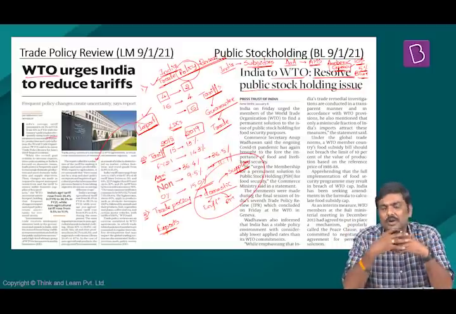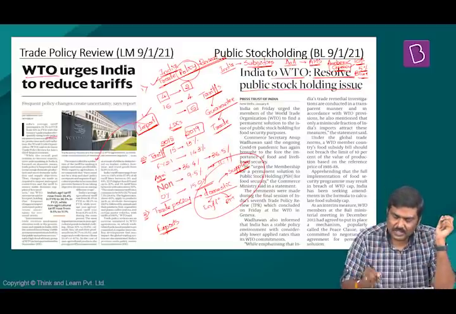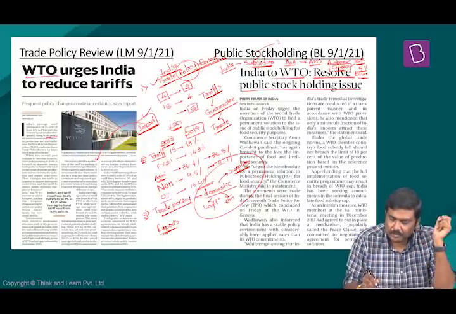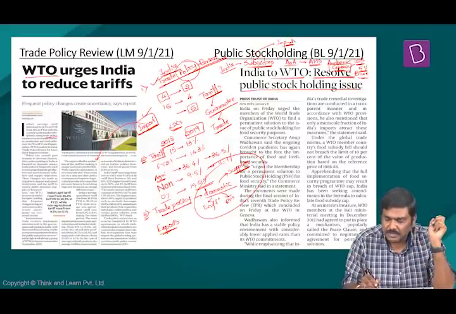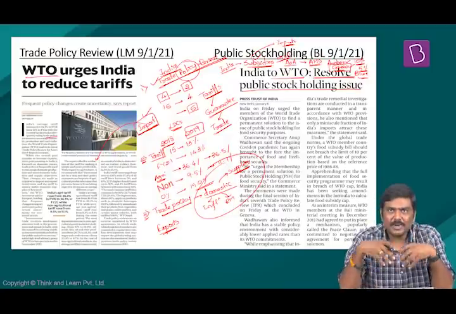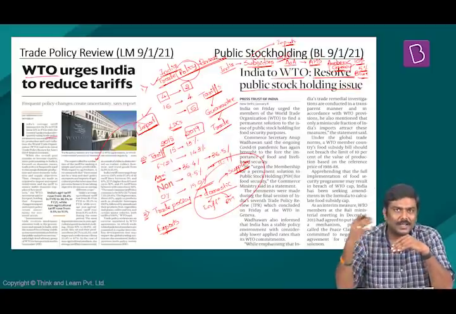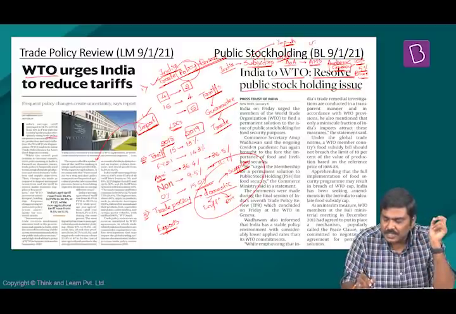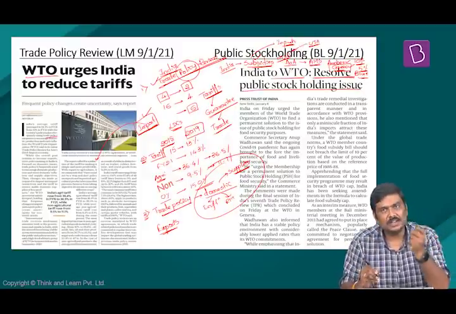Now, what has happened over a period of time is that the Government of India provides subsidies for inputs also, and provides subsidies in the form of MSP when it procures at a price from the farmers. Against this practice of the Government of India, other countries, especially a developed economy such as the USA, have been raising certain issues.